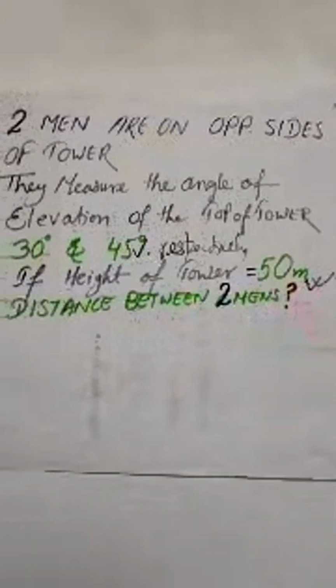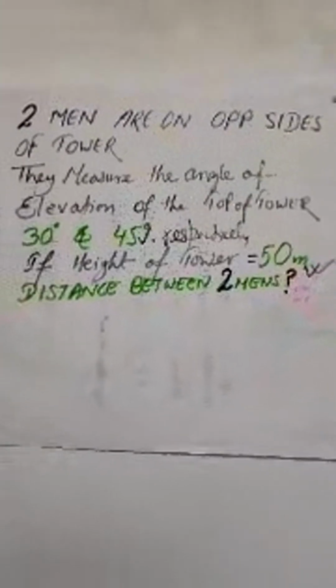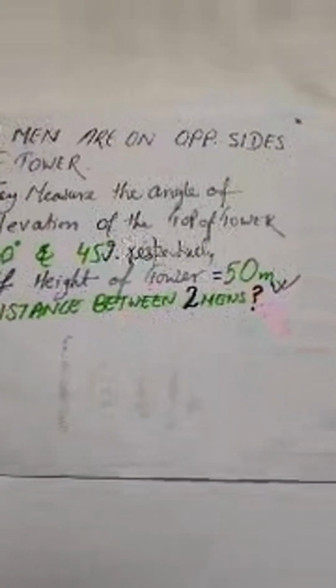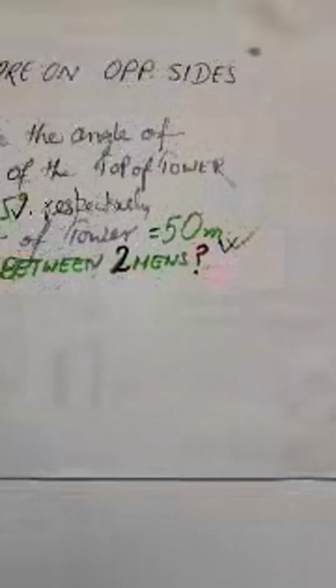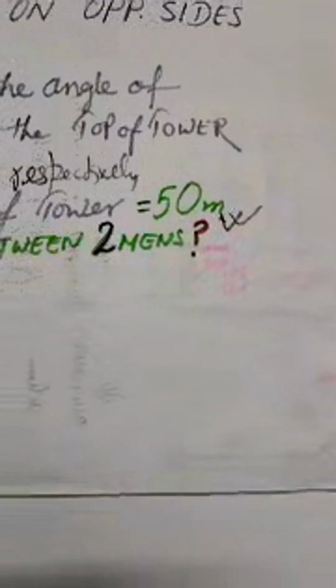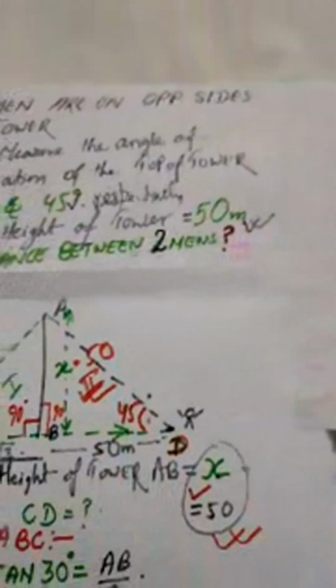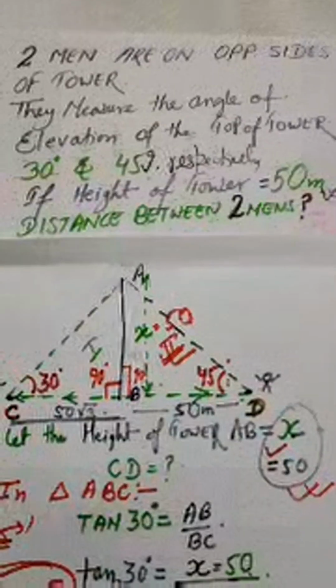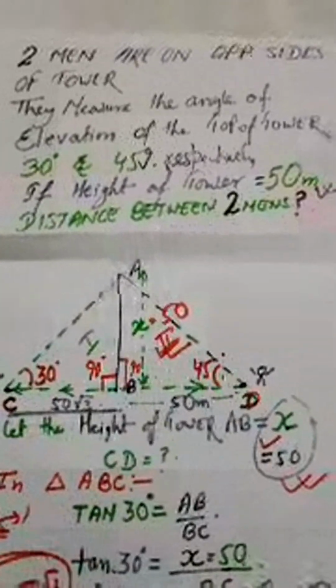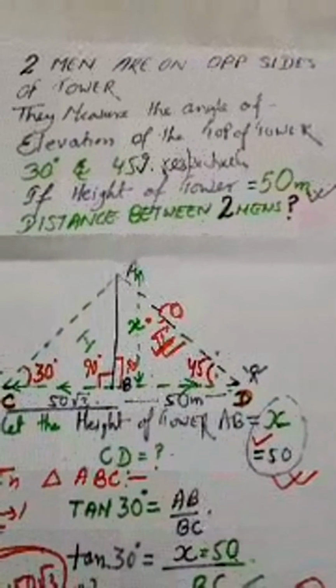Two men are on opposite sides of a tower, and they measure the angle of elevation of the top of the tower as 30 degrees and 45 degrees respectively.